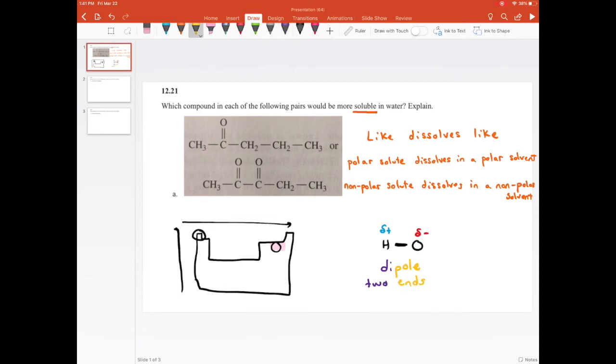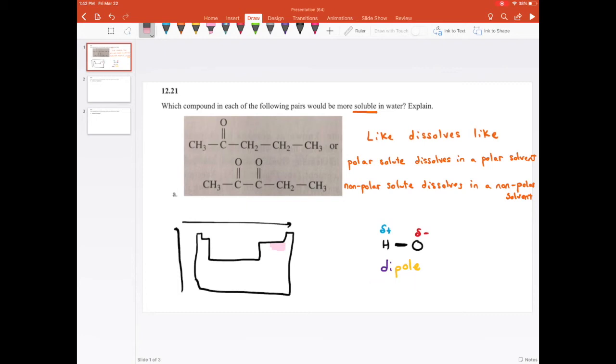The word pole is another word for end. For example, the North and South Pole are the two ends of the Earth. So it has two ends, a positive end and a negative end. And any bond that creates a separation of charge like that, and so has two ends, is called a polar bond.